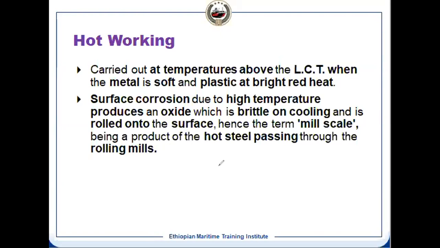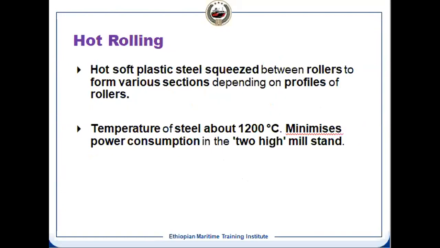And once this mill scale is broken for some reason, for example because seawater has gone inside, then the receiver will not take it because the cargo is damaged. So mill scale is protecting the plate because it forms by oxidation at high temperature, and it gives you a coating on the surface. And in hot work, the hot rolling, we get this mill scale, which is a good protection for our material.